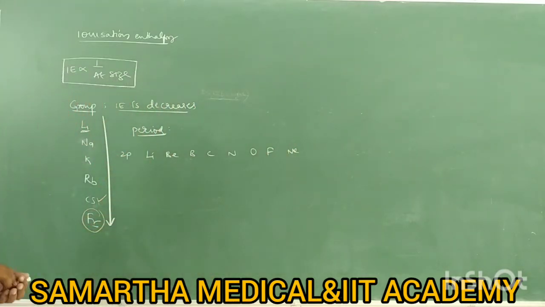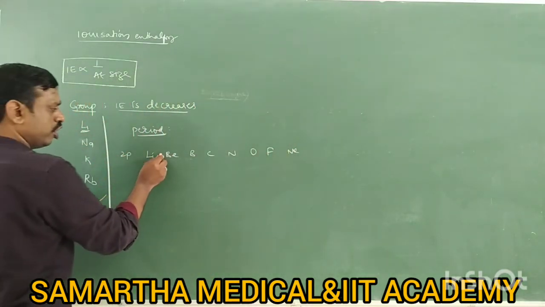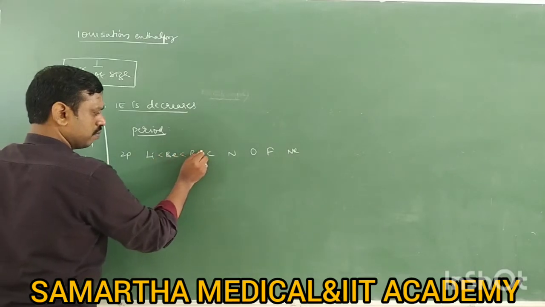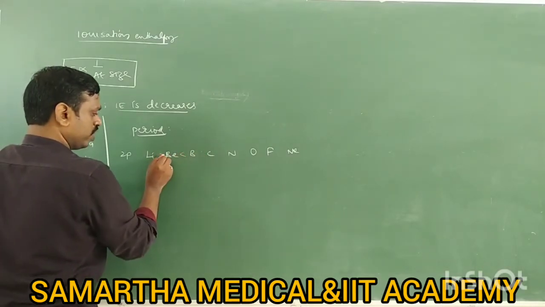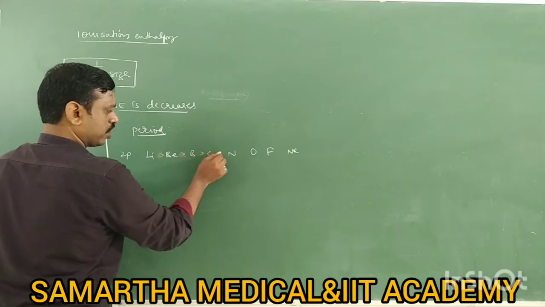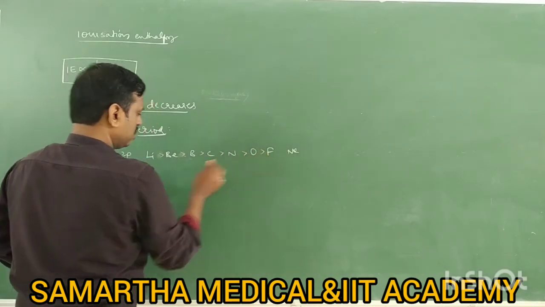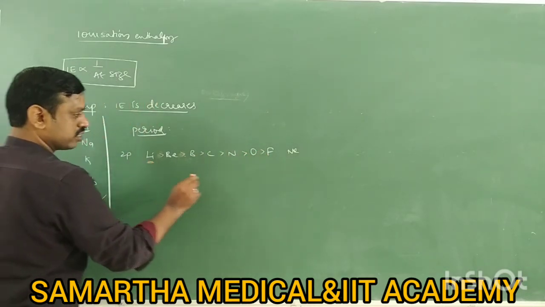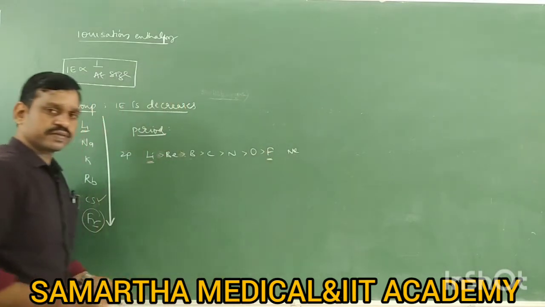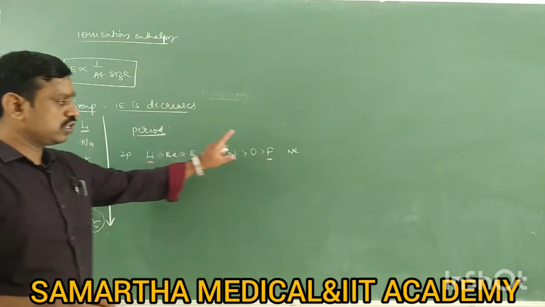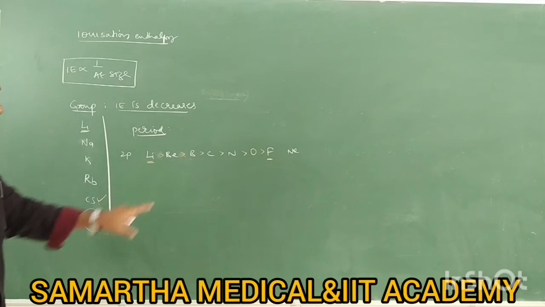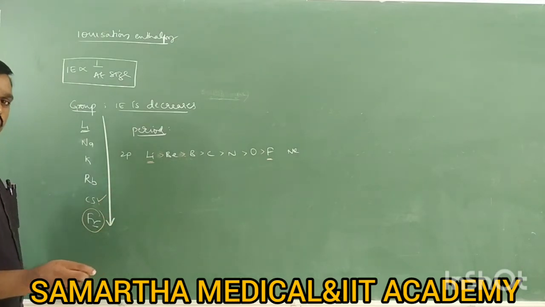We know that atomic size decreases from lithium to fluorine, that is, from alkali metals to halogens. So obviously ionization enthalpy must increase.